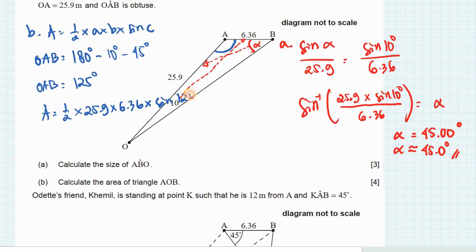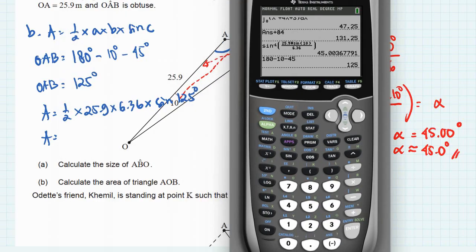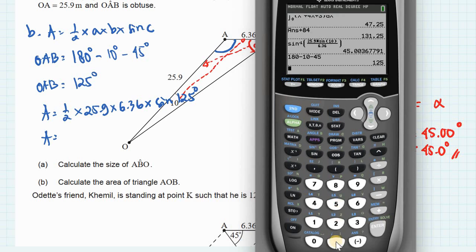Let's calculate it on our calculator. 0.5 times 25.9 times 6.36 times sin 125.